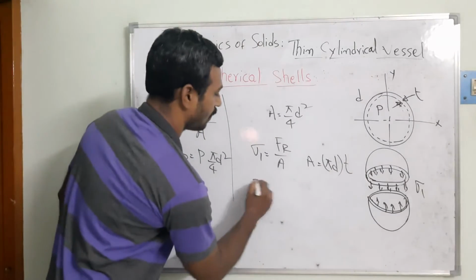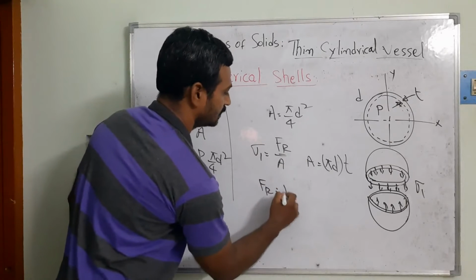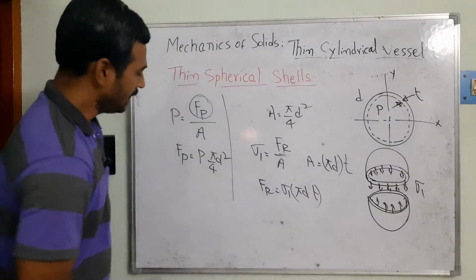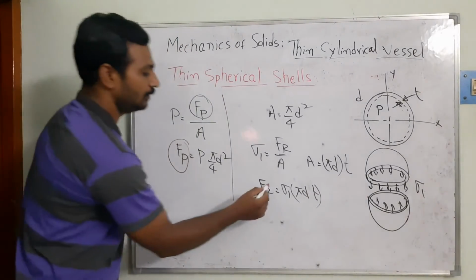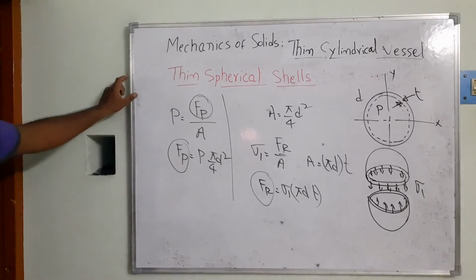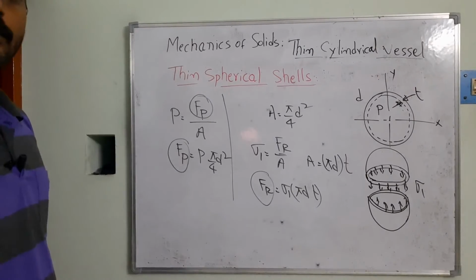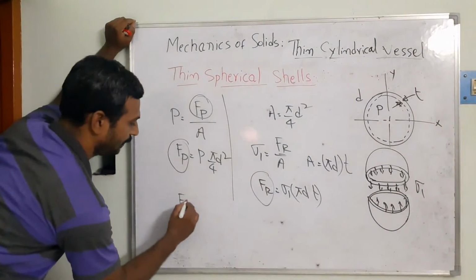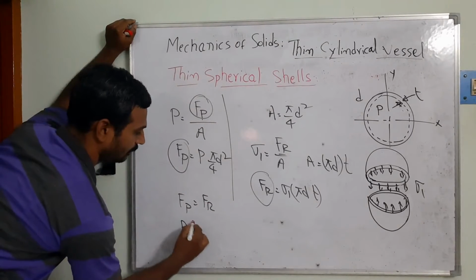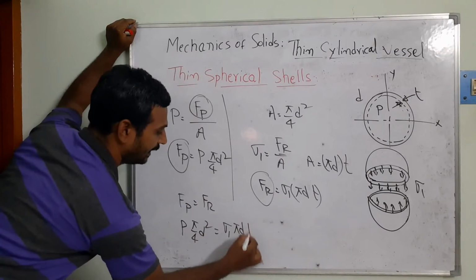So the resistance force Fr is equal to sigma 1 into pi d t. The pressure force is equal to the resistance force in these limiting conditions, so equating the two, Fp equals Fr, that is, P pi by 4 d square is equal to sigma 1 pi d t.